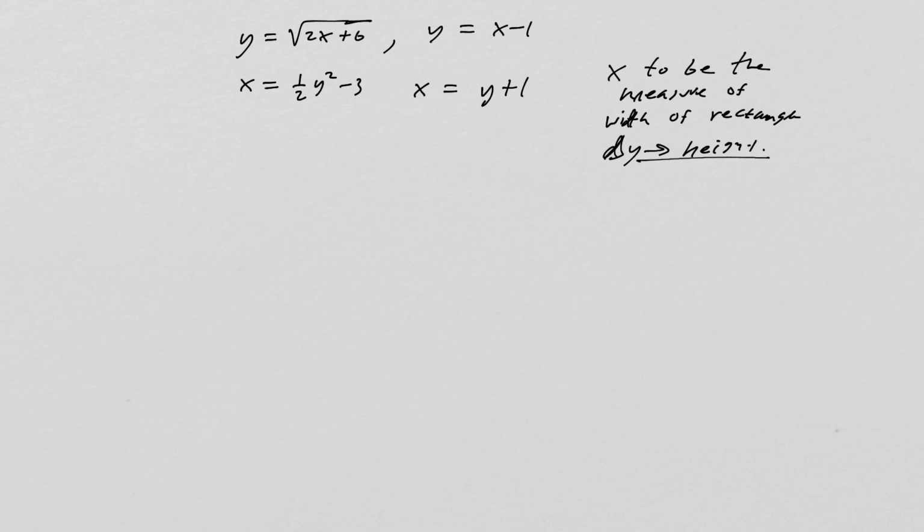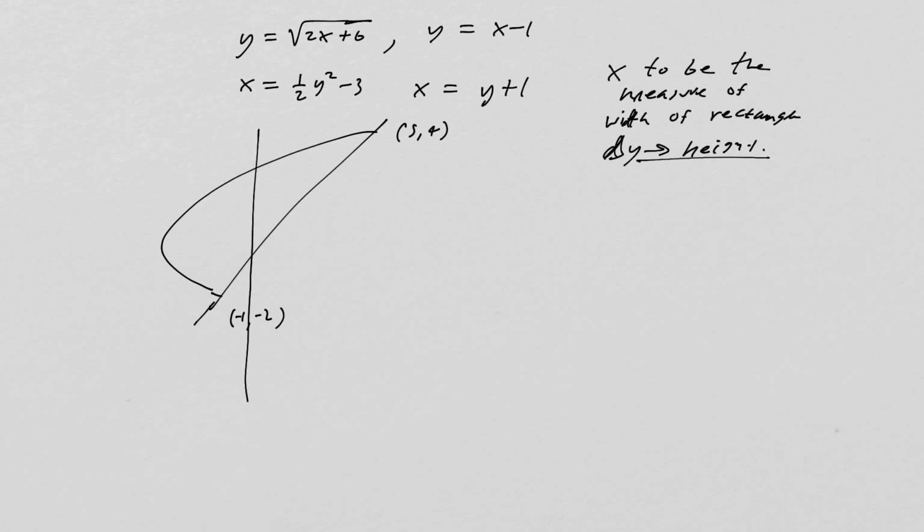So this is a new interpretation. Let's draw our picture again. I'll just draw it very approximately here. And we had the point -1, -2, and this point up here, 5, 4. And there was our graph, like that.